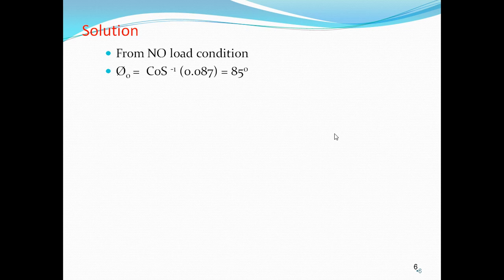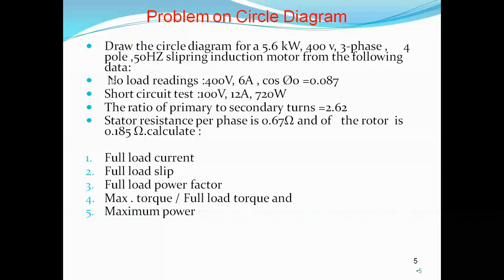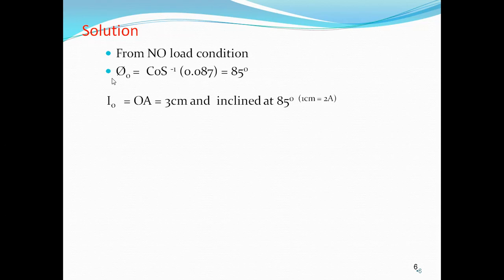Now take the readings of the no load test. Phi naught is equal to cos inverse of 0.087, which is about 85 degrees. I naught is the no load current, 6 amps, and the current scale is 1 centimeter equal to 2 amps.